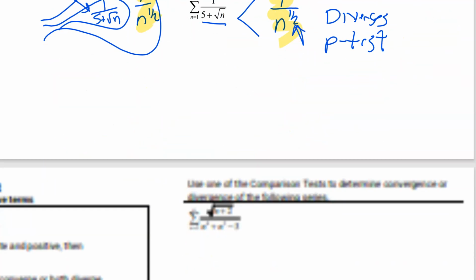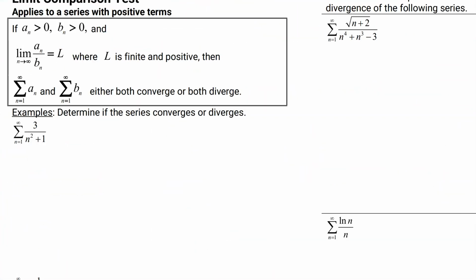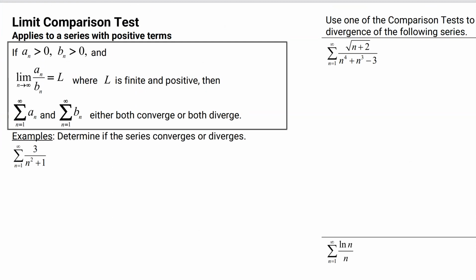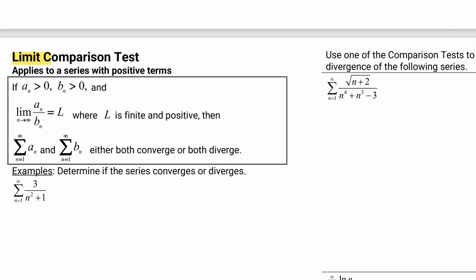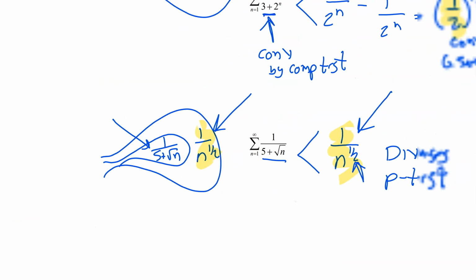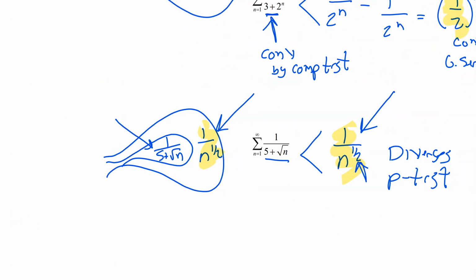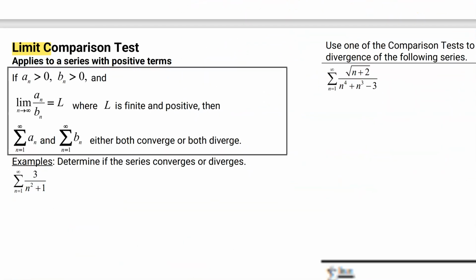And that's called the limit comparison test, okay? And again, the word limit means we're taking the limit. We will use the limit comparison test when the situation we talked about here occurs, where it's just not going to work out, or we can't tell what's bigger and what's smaller.